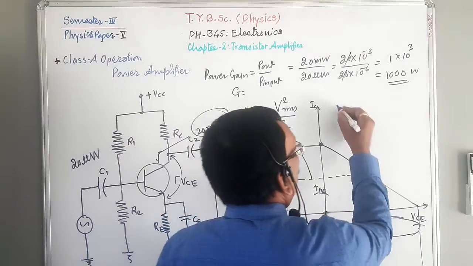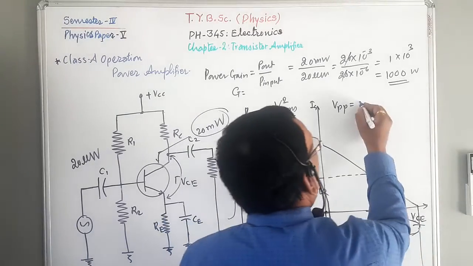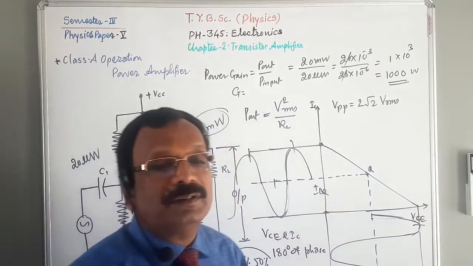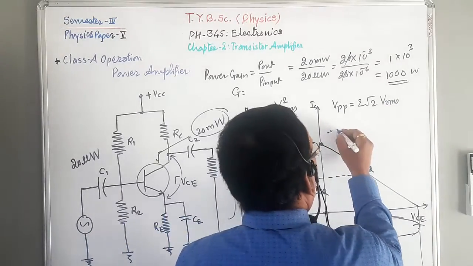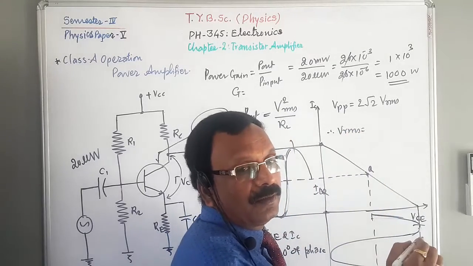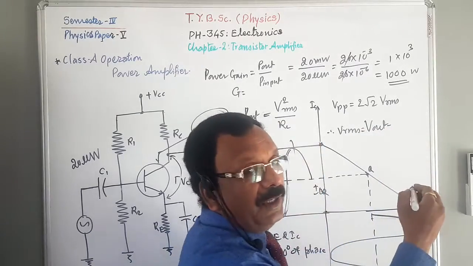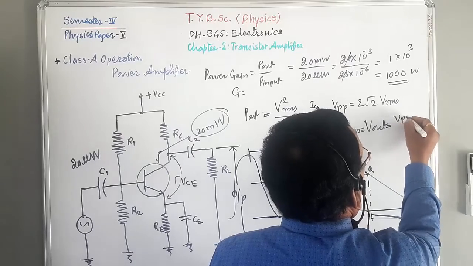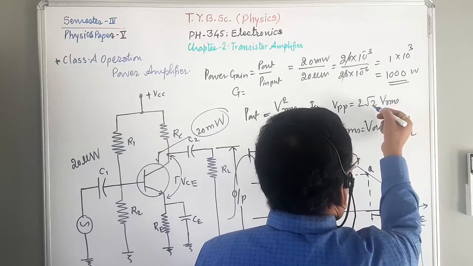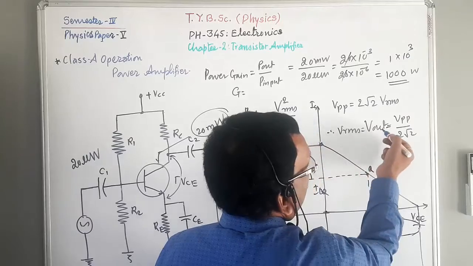The peak to peak voltage VPP is equal to 2 root 2 VRMS. Therefore VRMS, which is V out, is equal to VPP upon 2 root 2.